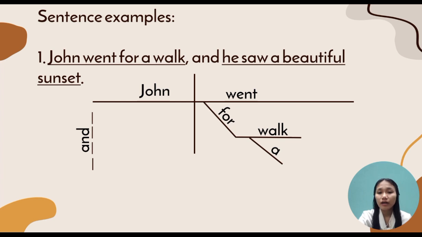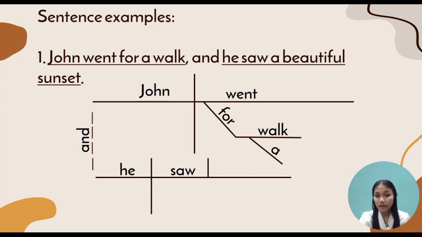And for our next independent clause, again, we are going to draw a vertical and a horizontal line wherein he is our subject, saw is our verb, and again our direct object is the sunset.